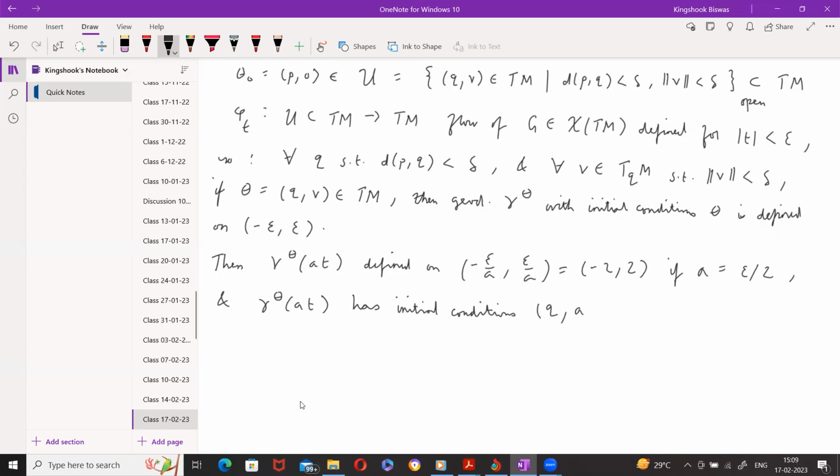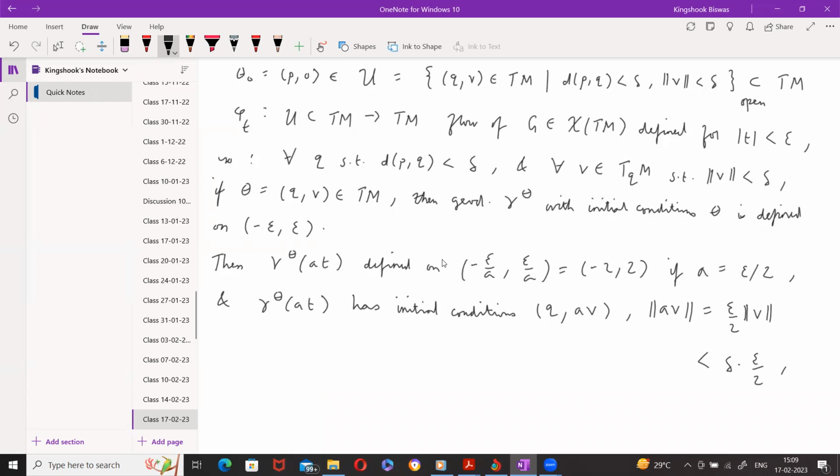AV. Yeah. And what is the norm of AV? This is going to be epsilon by 2, that's A, into the norm of V, right? So this is less than delta times epsilon by 2, right? Because norm V was less than delta.